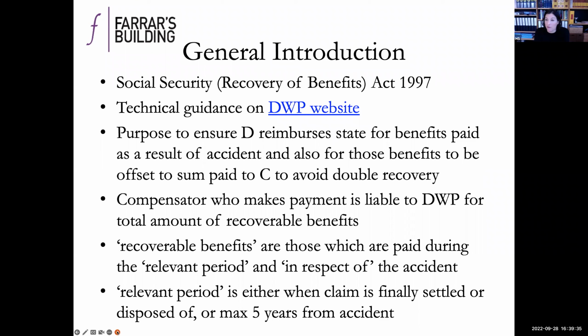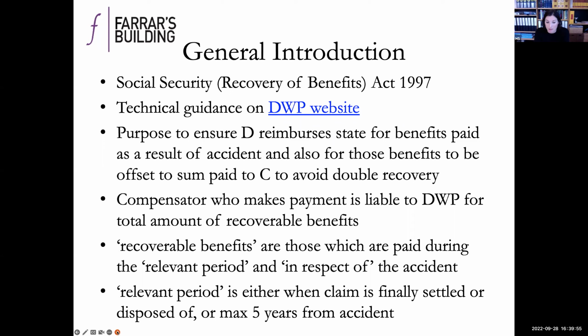What are recoverable benefits? Well, that's defined by the Act as those which are paid during the relevant period in respect of the accident. I put both "relevant period" and "in respect of the accident" in inverted commas because those can often cause some debate.